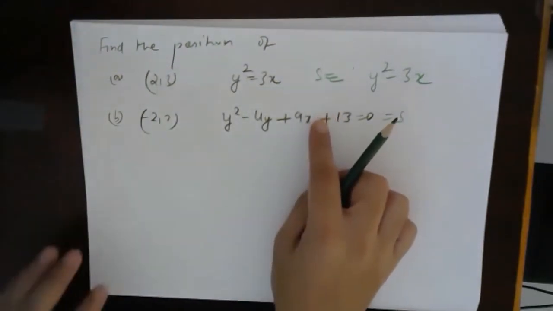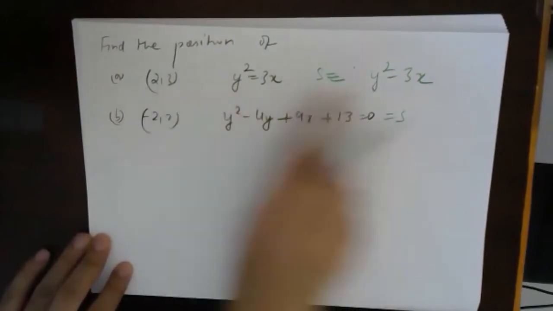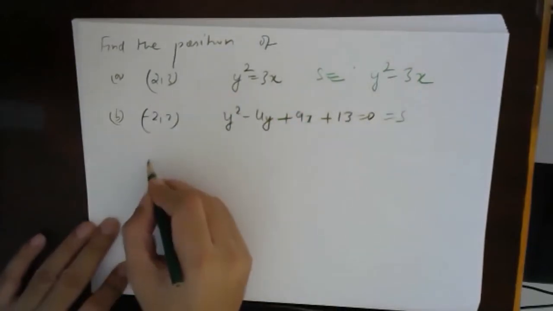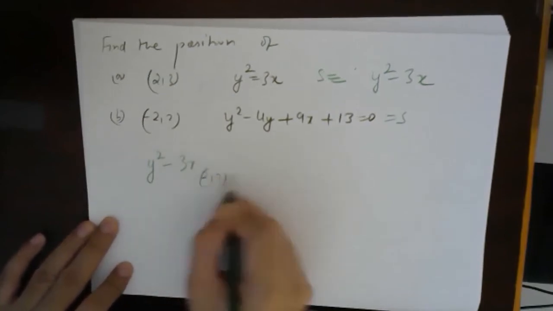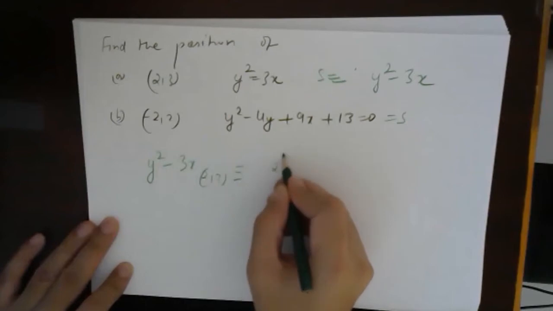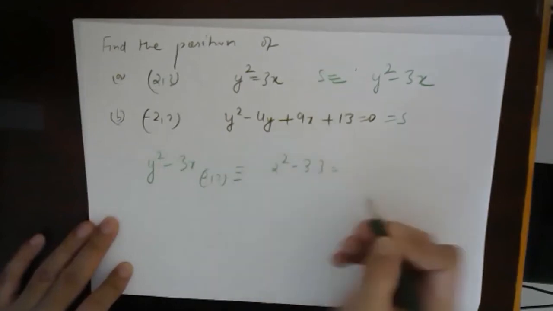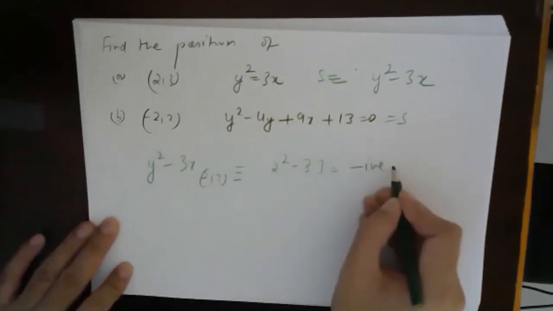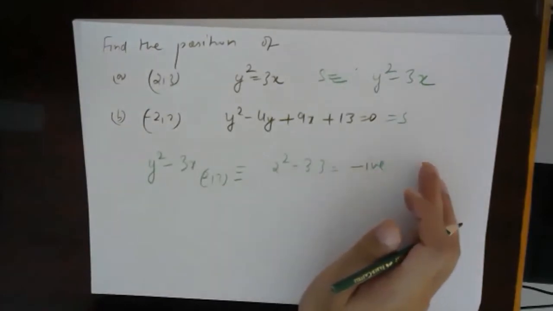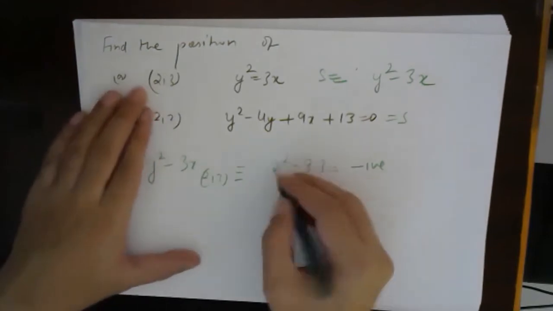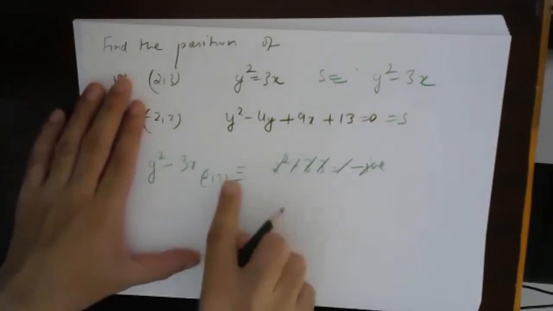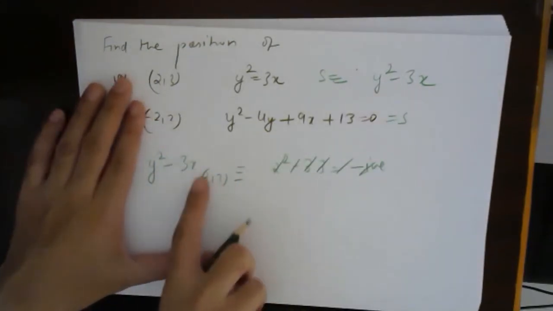If I substitute (2, 3) in y squared minus 3x, oh sorry, 3 is y and 2 is x.